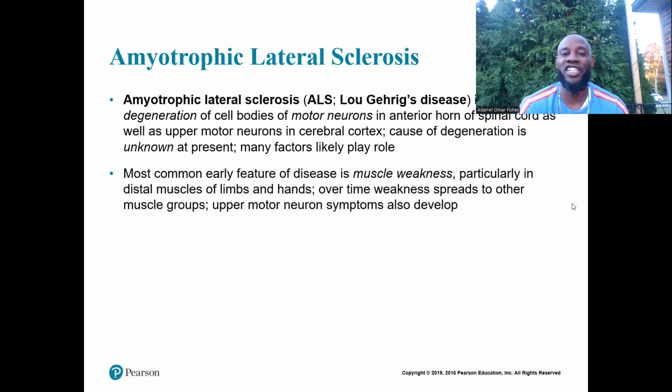It's not always known why it happens, but as these motor neuron cell bodies degenerate, muscles start to weaken because they're not able to be stimulated. You can eventually die from this, because your muscles just become weaker and weaker over time.